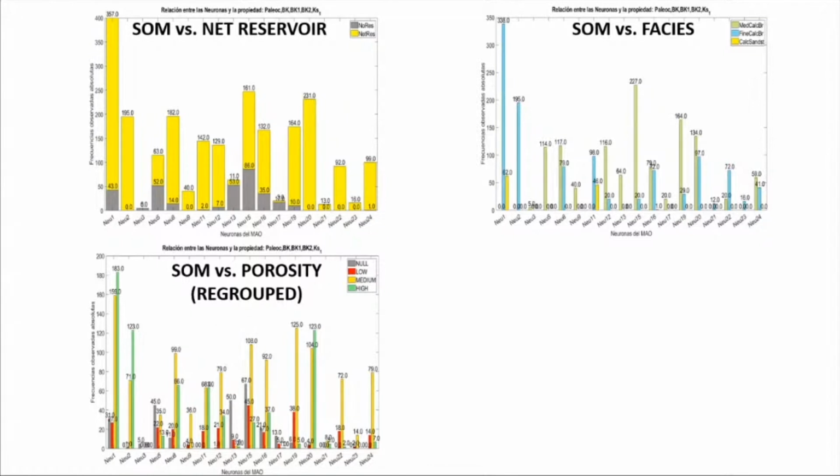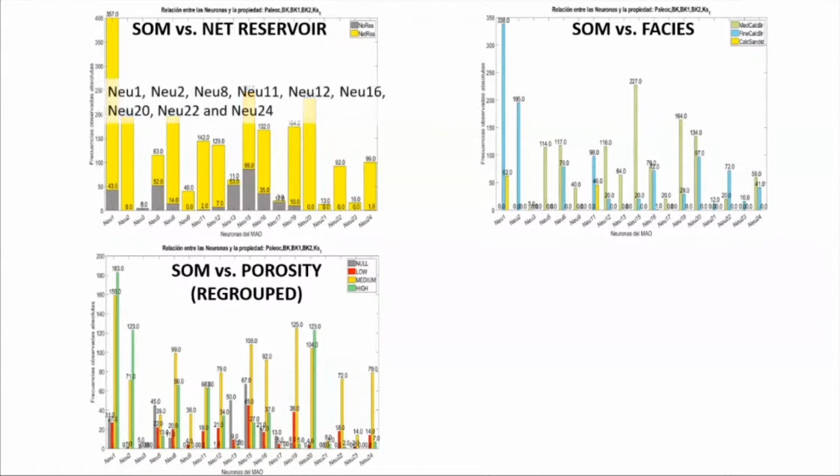So in this case, the proportion of each category for net reservoir, for facies, and for porosity regrouped by ranges are shown, and it's easy to see the observed frequencies for neuron 1 in yellow, 2, 8, 11, 12, 16, 20, 22, and 24 for net reservoir.